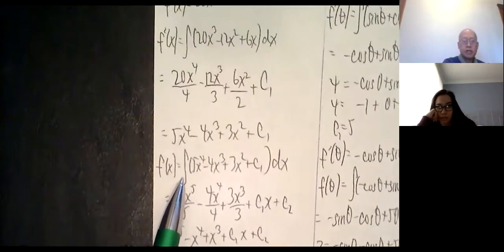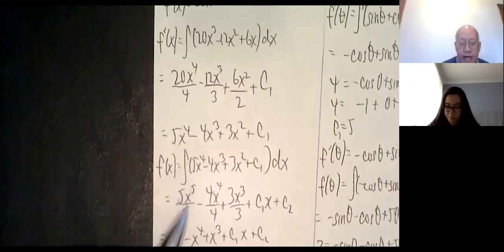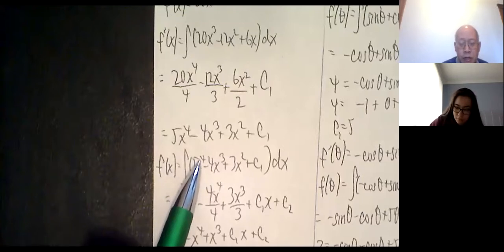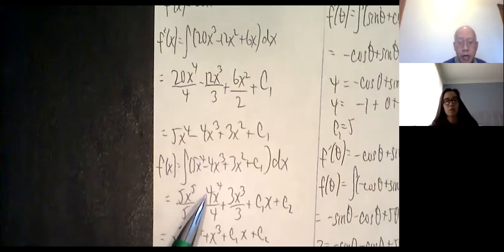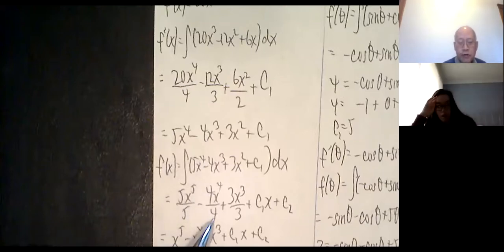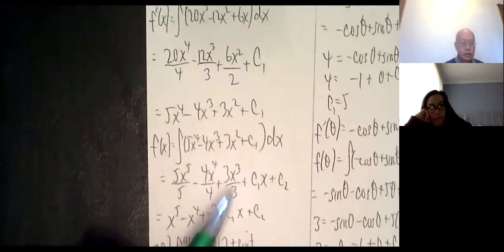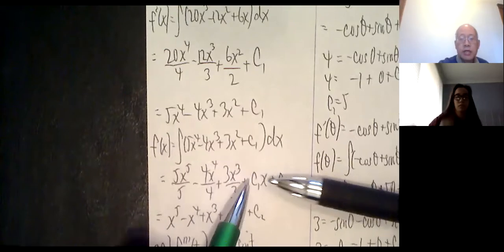Okay, so integrate this thing. So power rule again. 5 x to the 5th over 5. Remember the power rule? You bump up the exponent by 1 and divide by the new exponent. Minus 4 x to the 4th over 4 plus 3 x cubed over 3. What's the integral of C1?